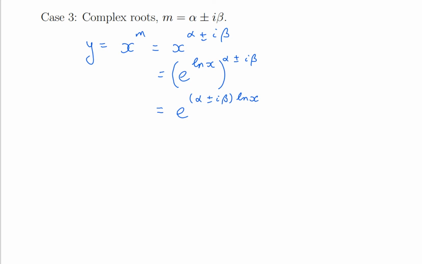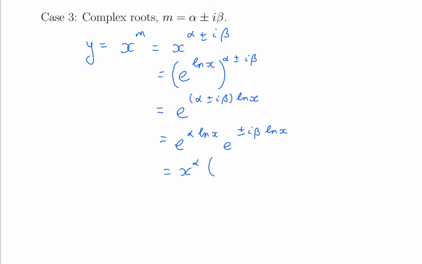And I can now expand out that power, and I'll get e to the alpha log x, e to the plus or minus i beta log x. And for the first term, I can just undo the rule I just did and write that as x to the alpha.